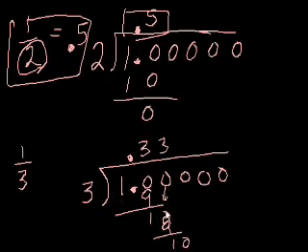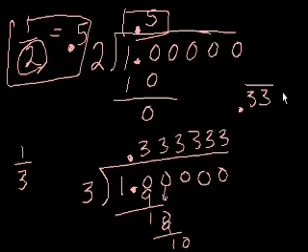Okay. Do you see a pattern here? We keep getting the same thing. As you see, it's actually 0.3333. It goes on forever. And a way to actually represent this, if obviously you can't write an infinite number of 3's, is you could write 0.33 repeating, which means that the 0.33 will go on forever. Or you could actually even say 0.3 repeating, although I tend to see this more often.